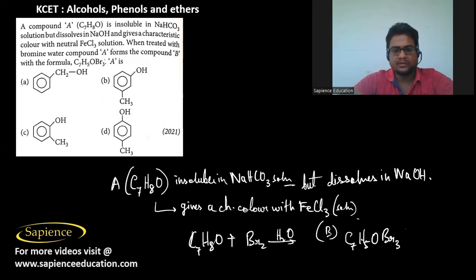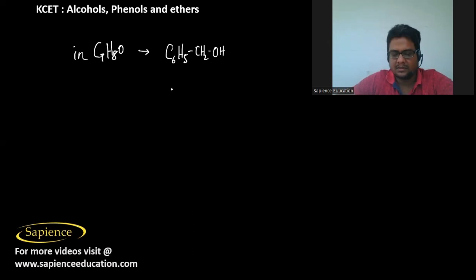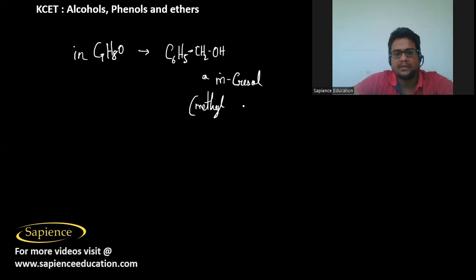So C7H8O, we can write it as C6H5 and CH2OH. So it is cresol. It should be meta cresol, which is methyl phenol.